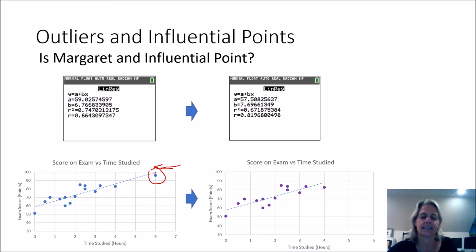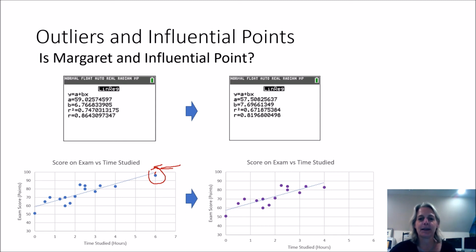This vertical distance from Margaret's data point to the least square regression line is very small, because her point is influencing that line, and it's really kind of acting like a magnet. It's pulling that line right toward her. So without Margaret's data in there, the data appears to be less clustered and less linear. So just some things to look out for, and hope that that was helpful for you guys.